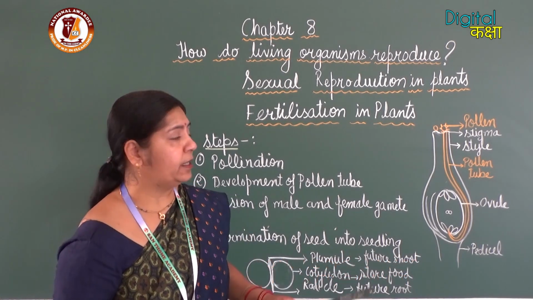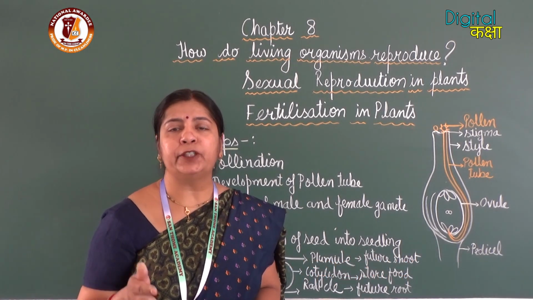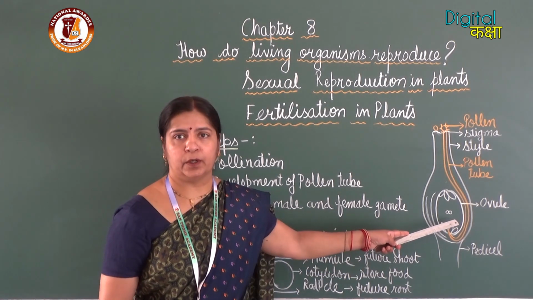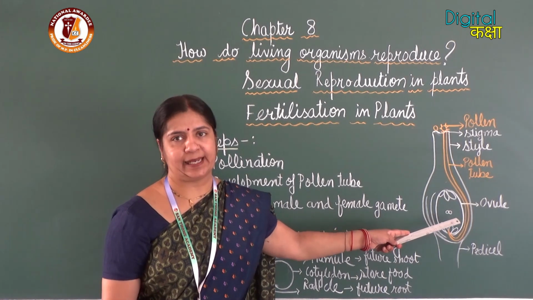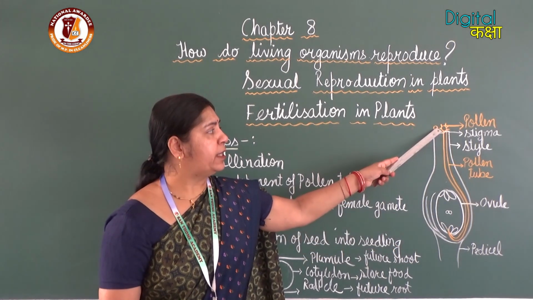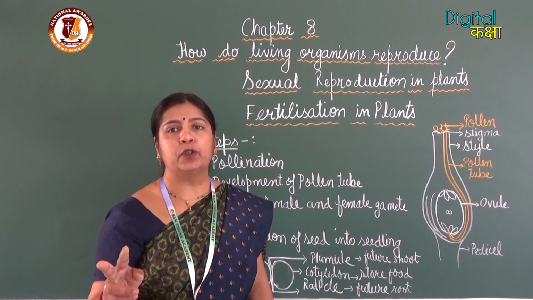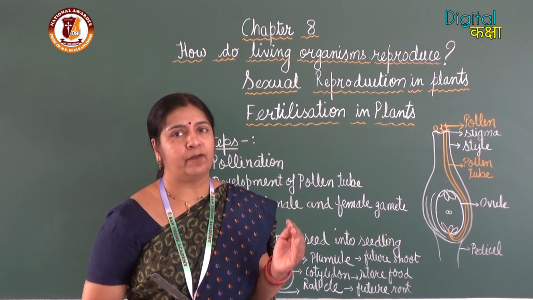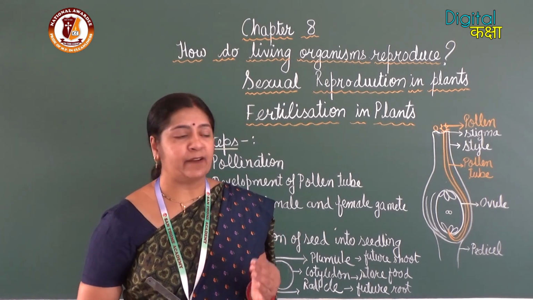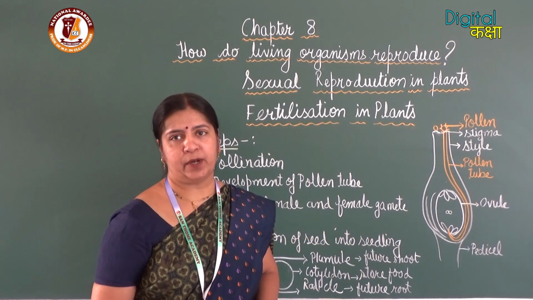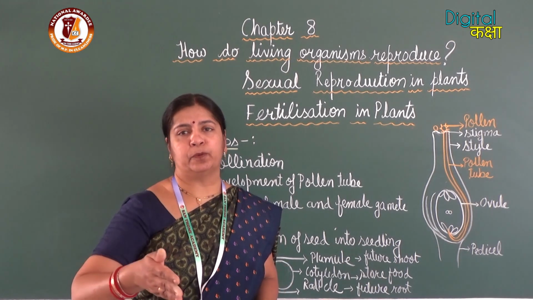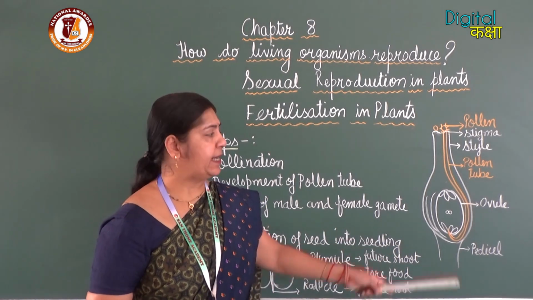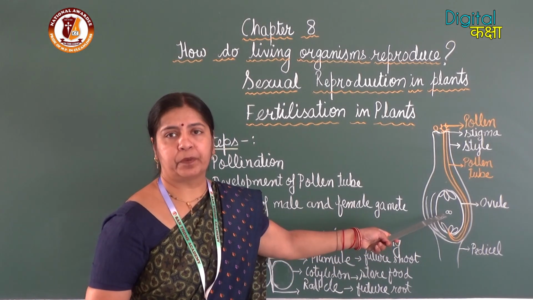These nuclei, along with the pollen tube, will move forward towards the ovule, the site of fertilization. Within the pollen tube, the 2 male nuclei will remain at the tip of the pollen tube. As the pollen tube moves forward, the male nuclei also move forward and then reach the ovule.